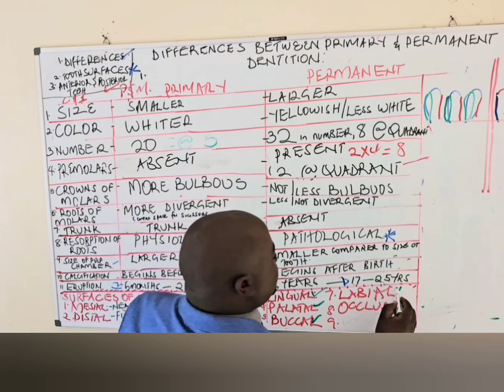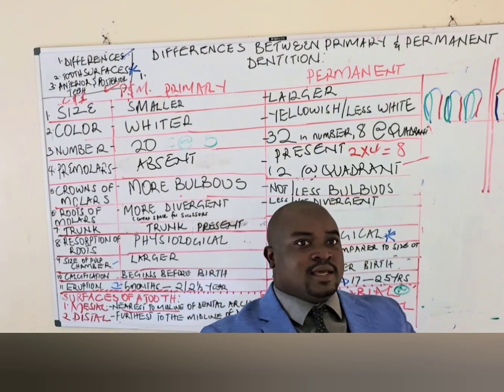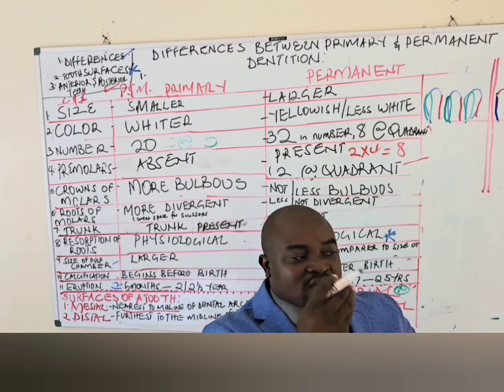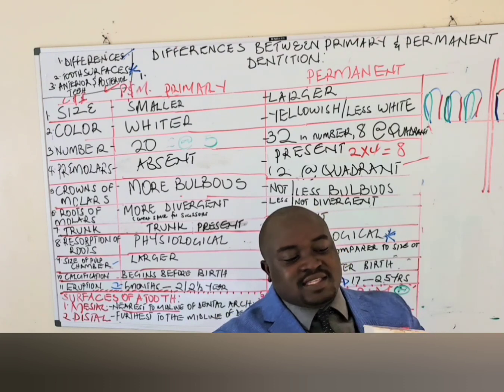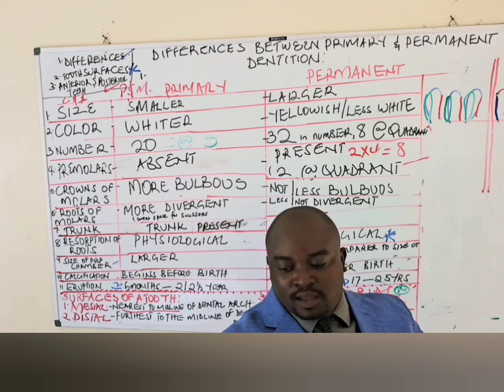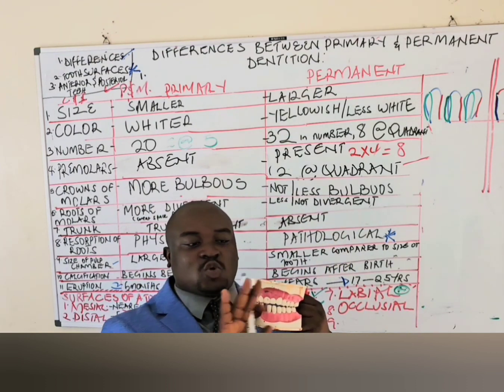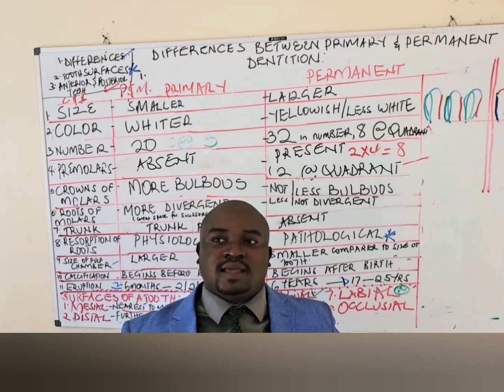Next is labial. Labial means lips. So it means that we have these ones, the oral parts, whether it is upper or lower, we can have the teeth towards the what? The lips.